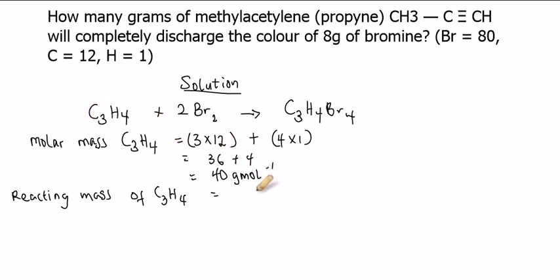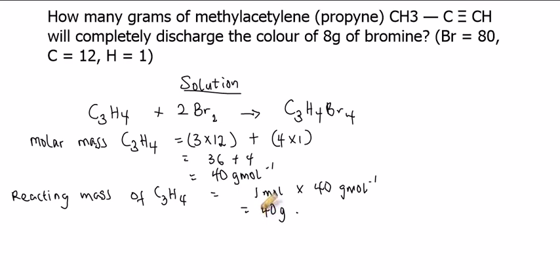So I'll say 1 mole multiplied by 40 grams per mole, which gives 40 grams. So the reacting mass of propyne is 40 grams based on the equation above. For a complete reaction, we must have 40 grams of propyne.